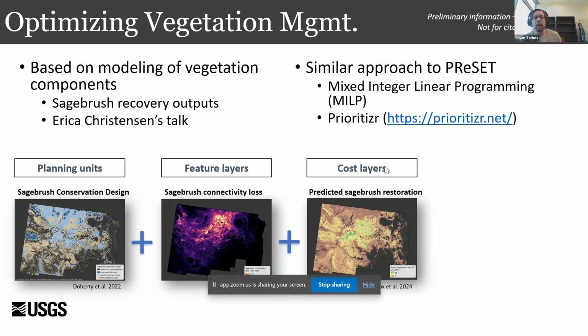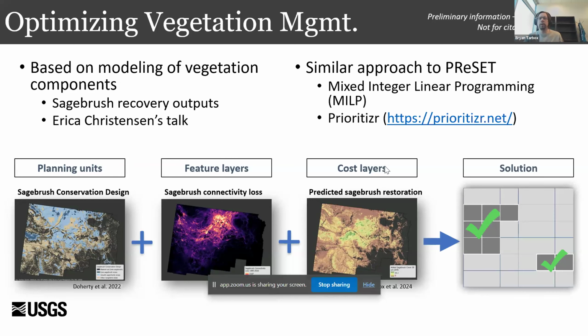That's the value of those outputs from the previous projects. We can say, okay, these are areas where sagebrush cover is expected to be high if we do a seeding treatment out here, so there's a high probability of restoration success. We can use that to guide the prioritization model so that it's restoring lost connectivity, to meet wildlife objectives, within those growth opportunity areas to areas where we actually expect restoration success. And it will spit out the solution.